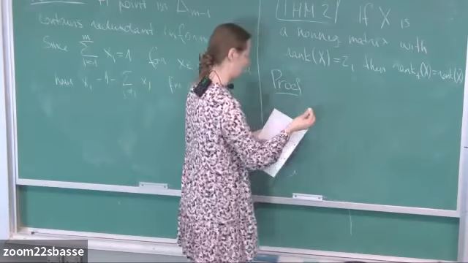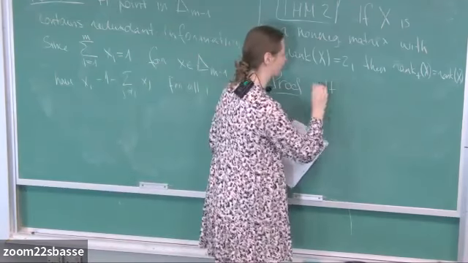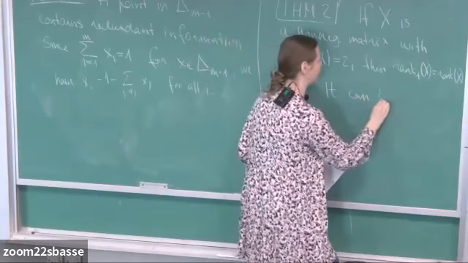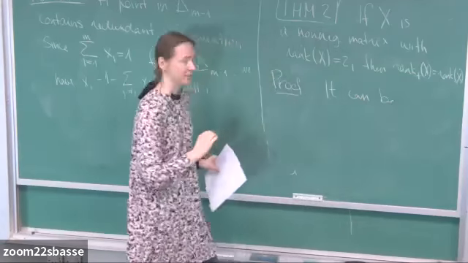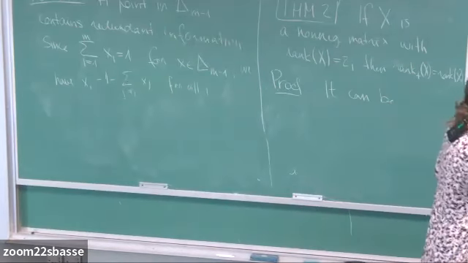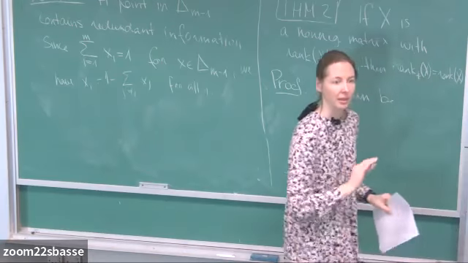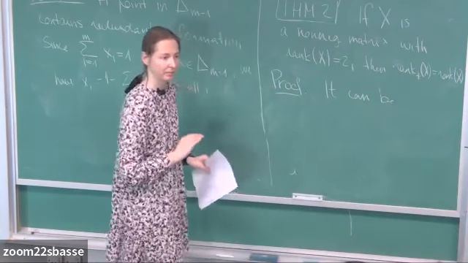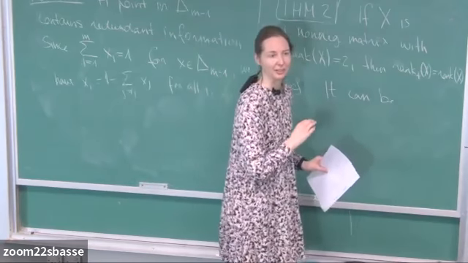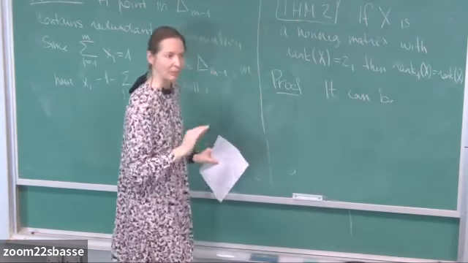Okay. For the first sentence, you have to believe me. It can be shown that in the case when the rank of X is 2, this polytope, the convex hull of theta X, is a line segment. I'm not proving this, and it's not trivial. Let's say it's not very hard, but it's not immediate.